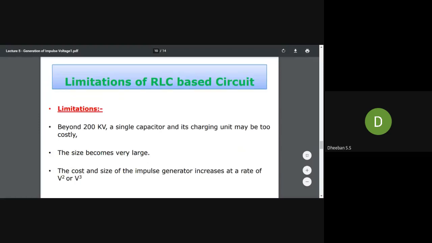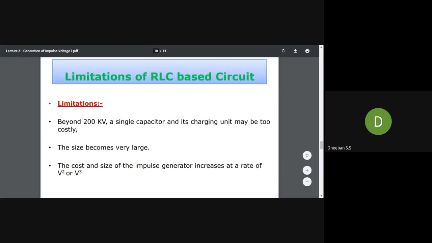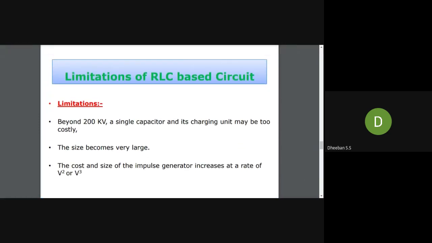What we are seeing in the above circuit is a very simple RLC based circuit, but it has some limitations. This circuit cannot generate a voltage above 200 kV.